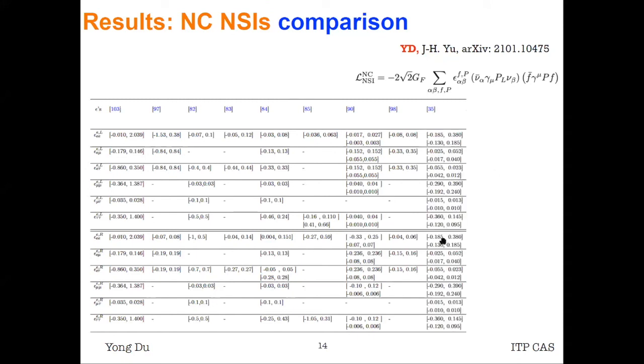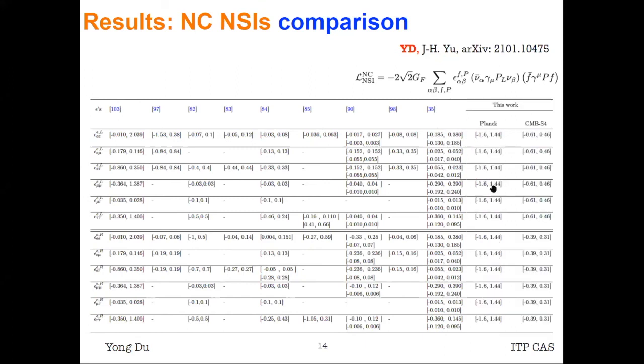And this column corresponds to the prospects from DUNE using different exposures, and the last columns correspond to our work, where the first corresponds to that from Planck, and the last corresponds to that from CMB-S4. If you compare our numbers with previous ones for the Planck, you can see that the constraints are relatively weaker than existing ones.